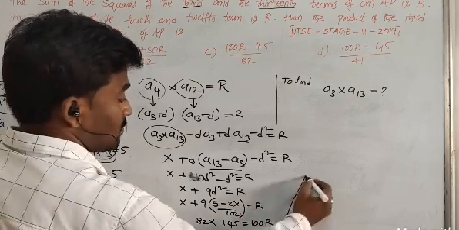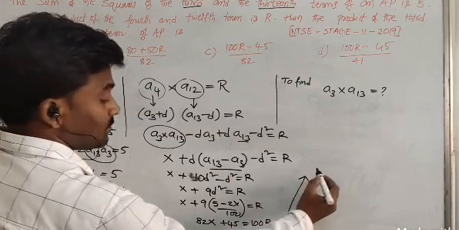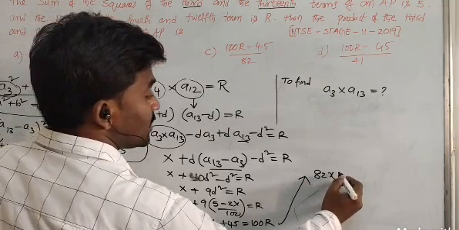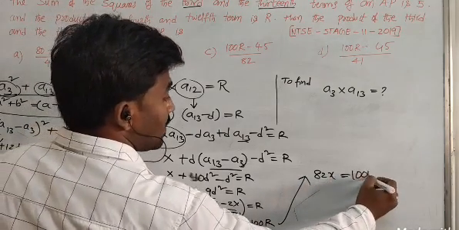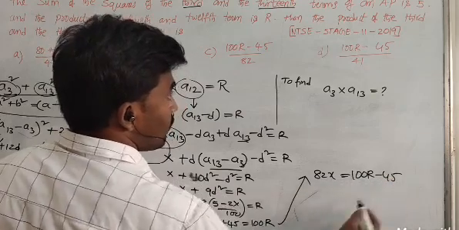So from this, 82x is equal to 100R minus 45.